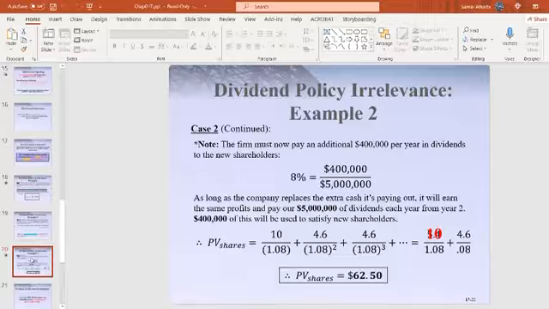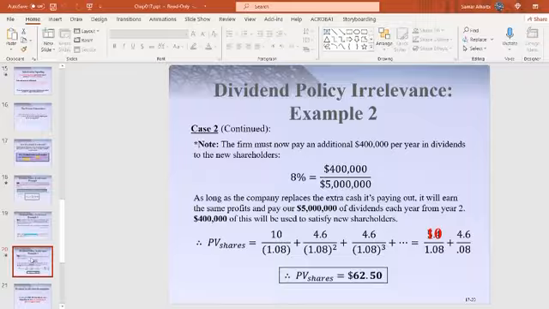The company will still generate a profit of 5 million from the next year onward, but it will have to pay an additional 400,000 to the new shareholders, as I said. So what is the remaining amount which the company will have for the existing shareholders? 5 million minus 400,000 is 4.6, correct?